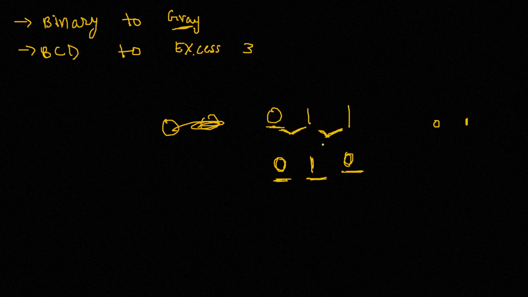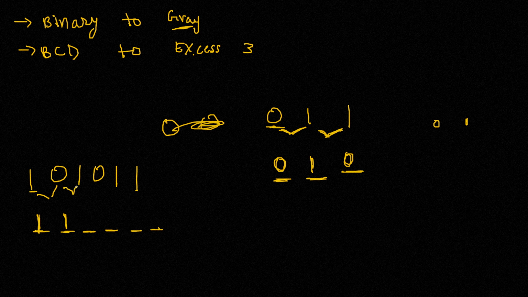This extends to numbers of any length. Let's take 1, 0, 1, 0, 1, 1. This is a 6-digit number, so the output will be 6 digits as well. Like I mentioned, the most significant digit remains the same in binary and gray, so we have 1 here. Then we start comparing two digits at a time. Since 1 and 0 are different, our output is 1.